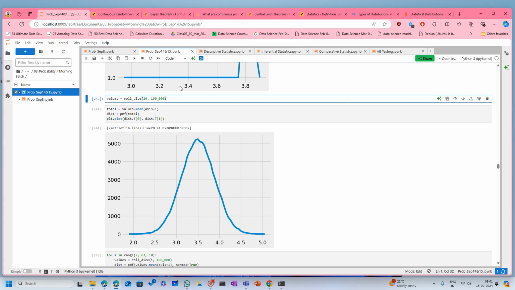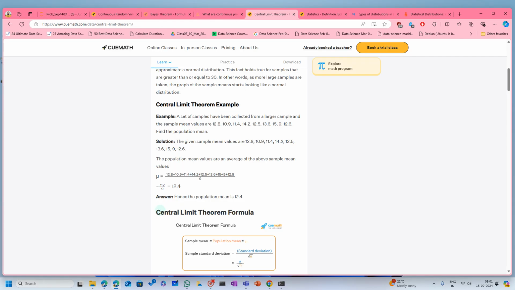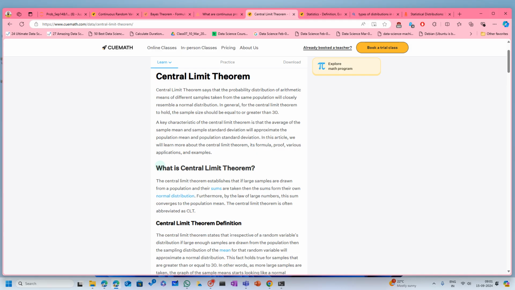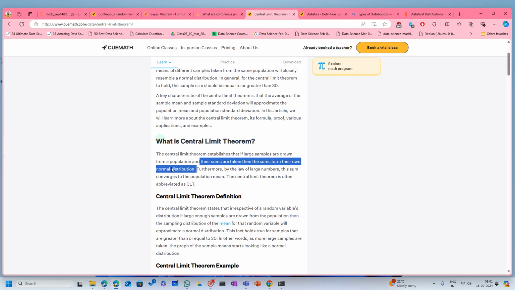So basically what central limit theorem says is, you take any distribution, or you take any event, you repeat the event a large number of times, a huge number of times, and if you start calculating their sum, it will exhibit a normal distribution. That's what central limit theorem means.